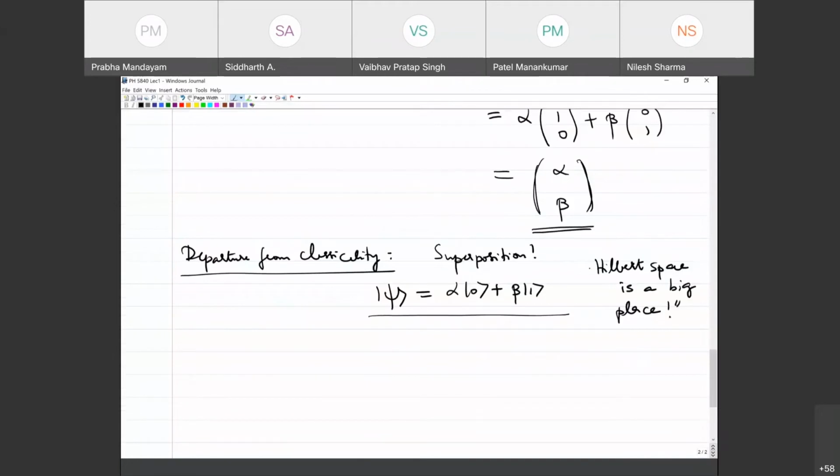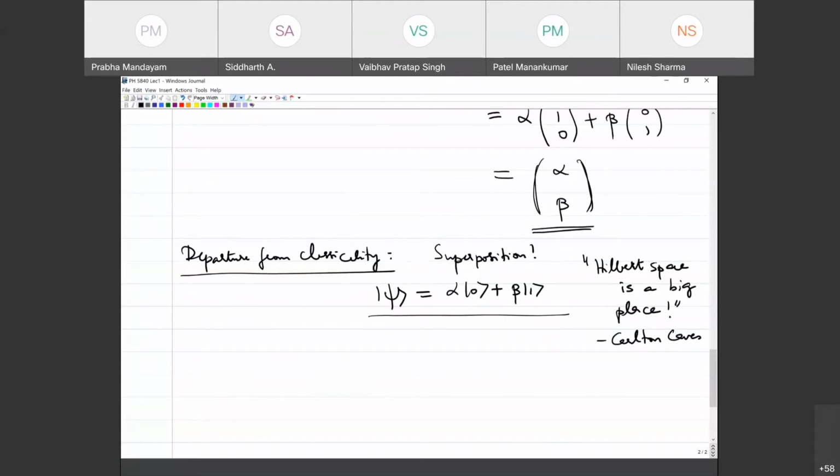So this is a nice quotation by Carlton Caves, who says that Hilbert space is a big space, okay? But now that you've created this object, a vector as opposed to just a classical binary variable, how do you think of computing with this?